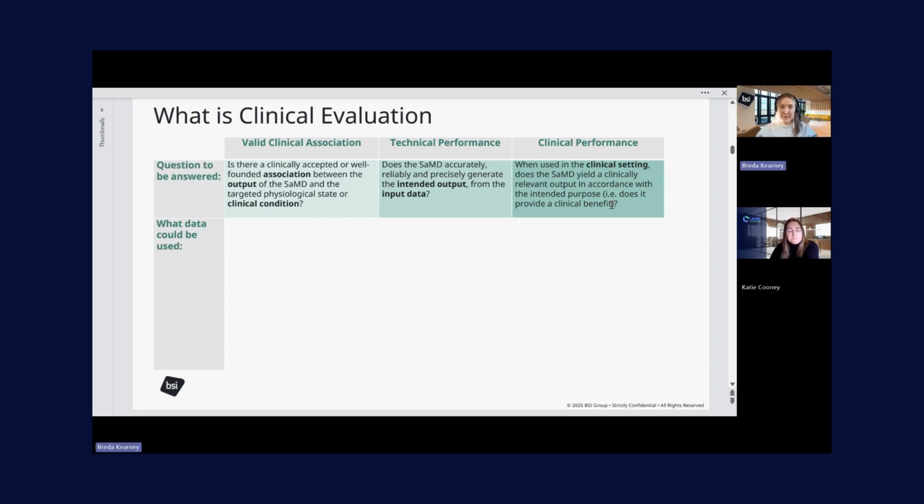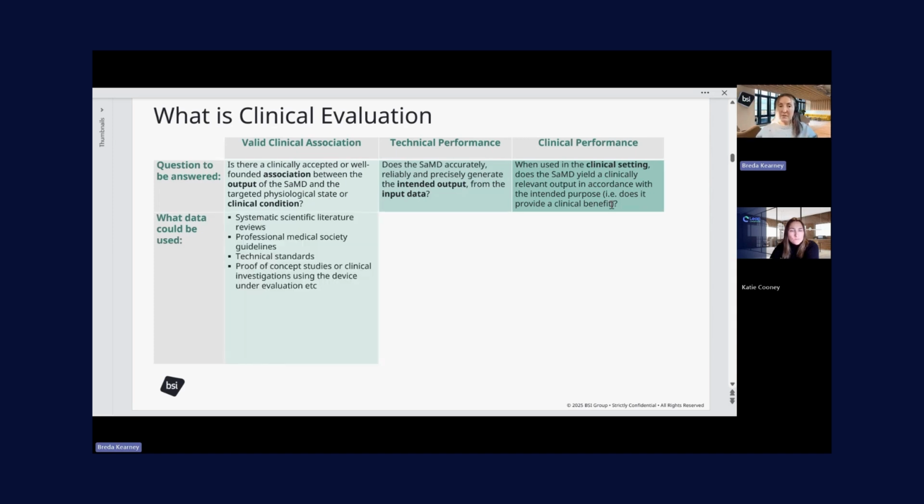So how do you do that? If we first start with the valid clinical association, the types of data that you can use or how you go about it, essentially a lot of it's in your state-of-the-art analysis. And I'll talk a little bit more about state-of-the-art later on. But a lot of the valid clinical association comes from your state-of-the-art analysis.